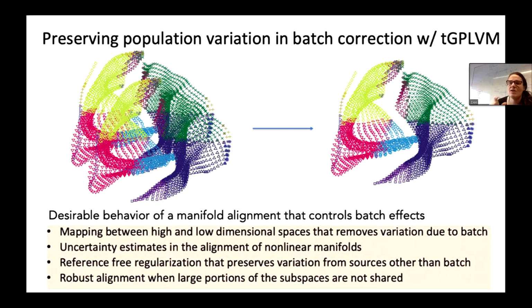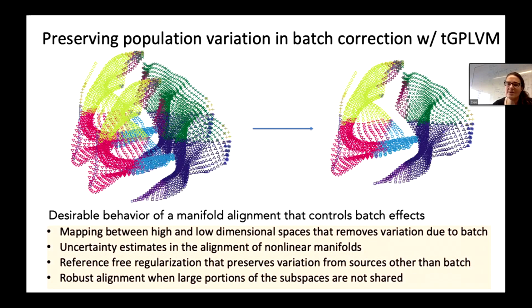We'd like to understand variation across that covariate that accounts for batch, because batch in general confounds these studies pretty drastically. So we wanted to use tGPLVM to do this. And the idea there, exactly as Rahul was saying, is that we'd like to perform some kind of manifold alignment that allows us to control for batch effects.